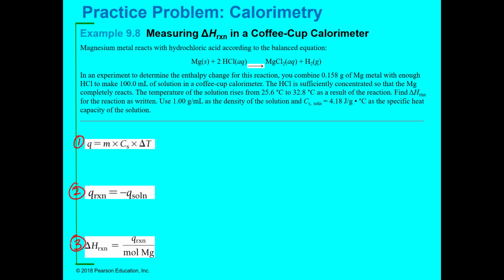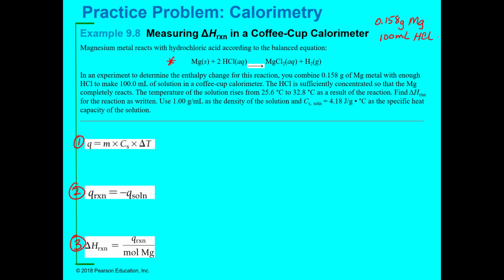All right, so here is my reaction up here, and I'm given some information. I'm given 0.158 grams of magnesium metal and enough hydrochloric acid to make 100 milliliters.